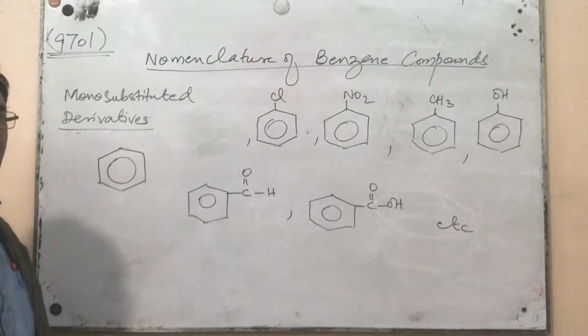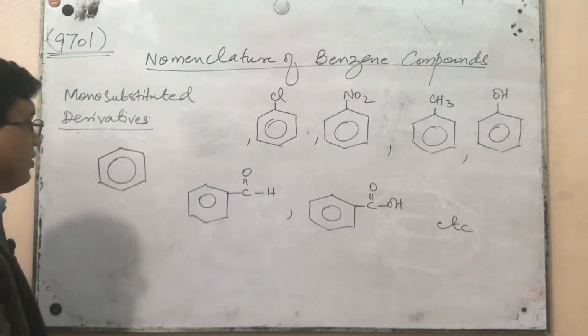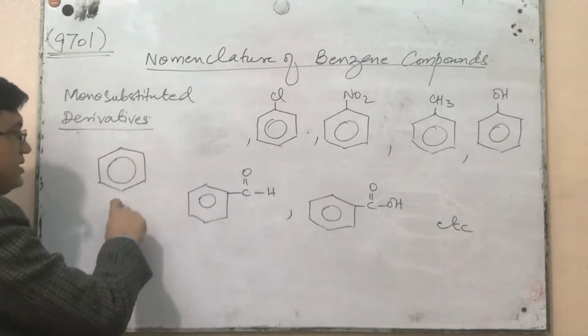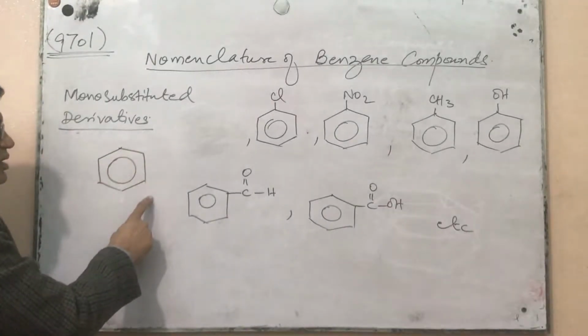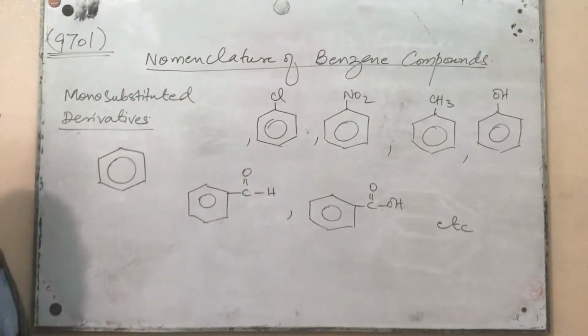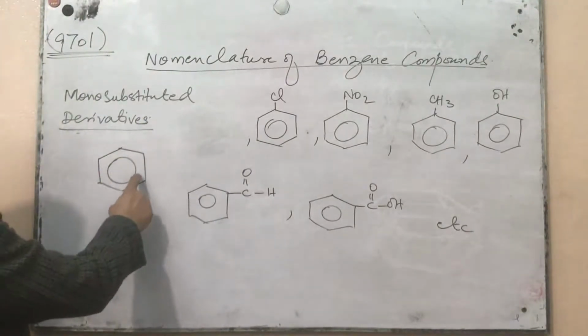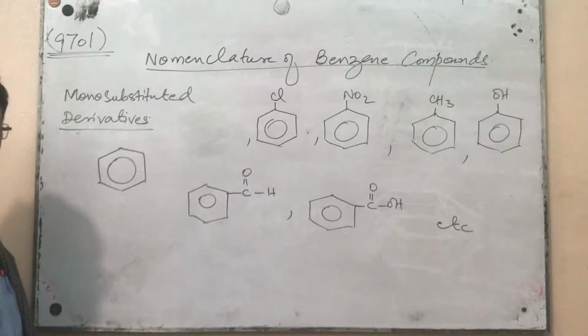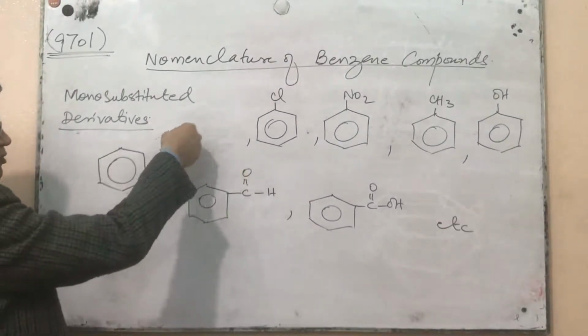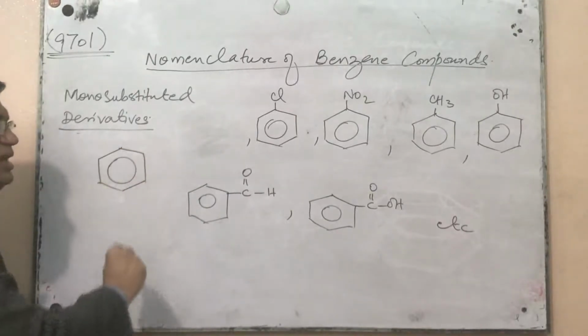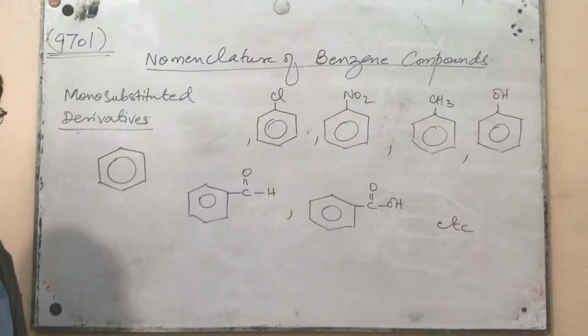The important evidence that benzene is a cyclic structure is that whenever a monosubstituted derivative of benzene is produced, if only one atom or group of atoms is attached to the benzene ring, it produces one product.